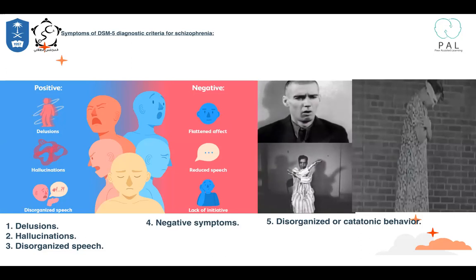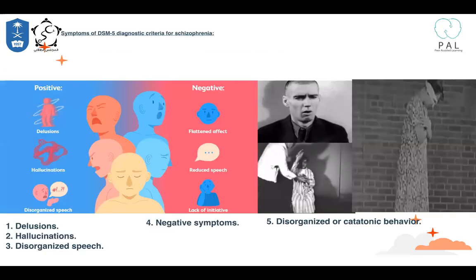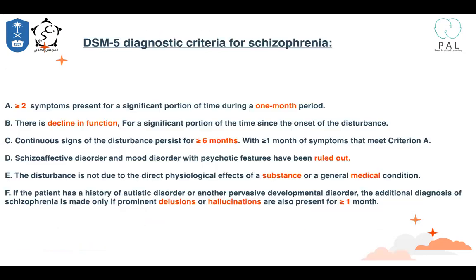طيب وش الشروط اللي المفروض تتوفر؟ إنها at least 2 symptoms. هذه السيمتوم اللي ذكرنا عنها، 2 symptoms for a significant portion of time during 1 month period. There is decline in function. طيب there is continuous signs of disturbance at least 6 months. طيب other disorder has been ruled out.